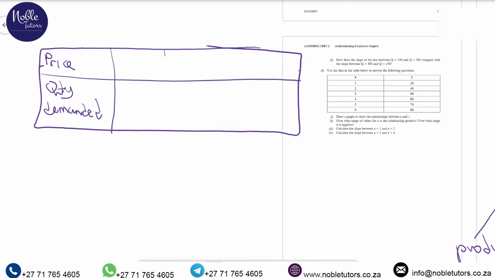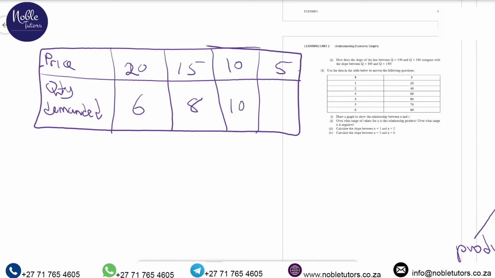Let's suppose the price is ranging from 20 Rand, let me start with 20 Rand, 15 Rand, 10 Rand, 5 Rand. And quantity, let's say here, it's 6, 8, 10, 14.